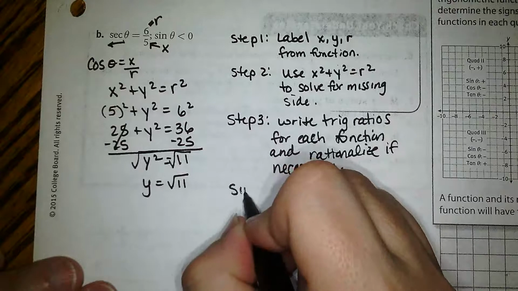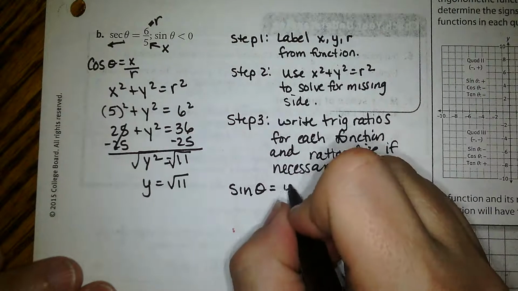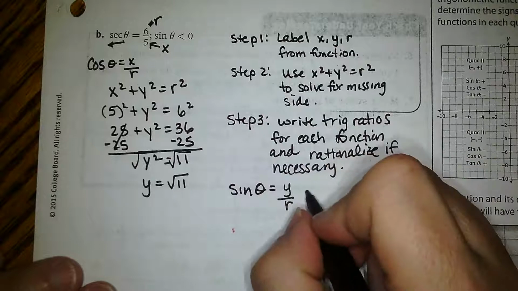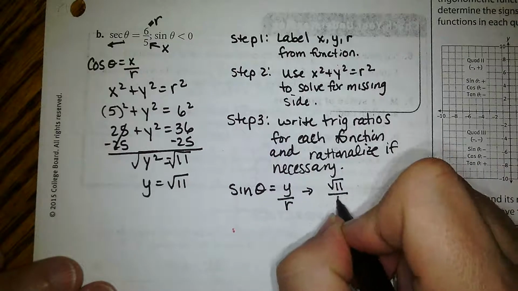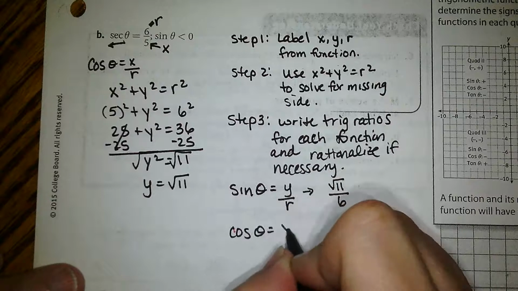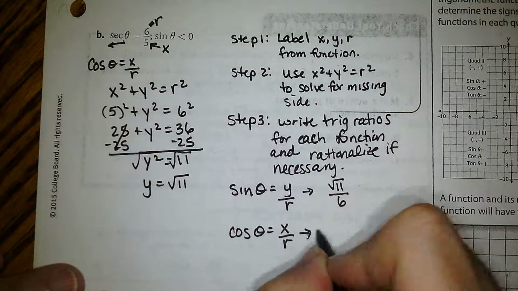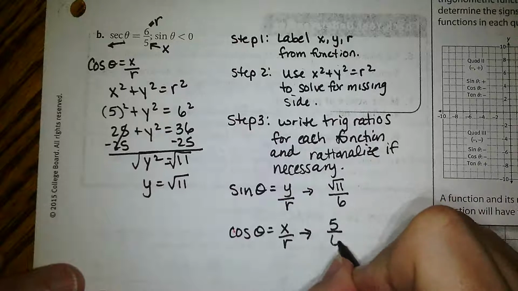So we have sine theta, which is y over r. So that's going to give us square root of 11 over 6. Cosine theta is x over r, and that's going to give us 5 over 6.